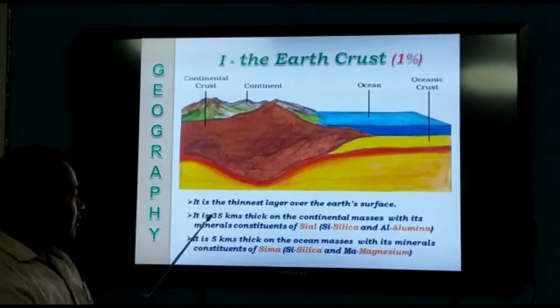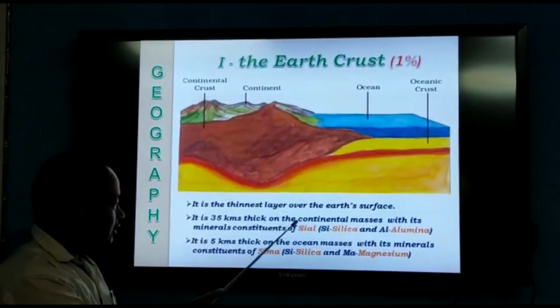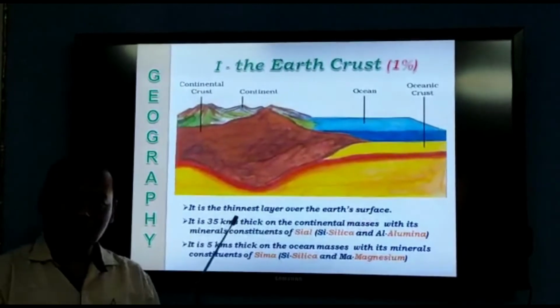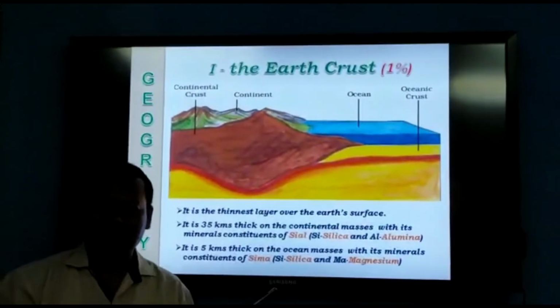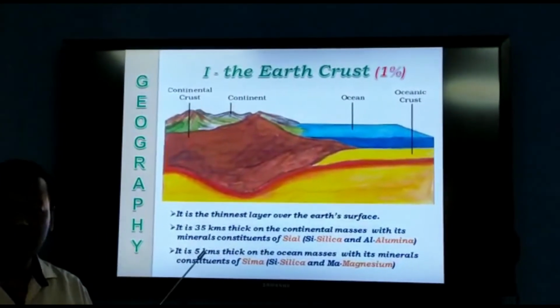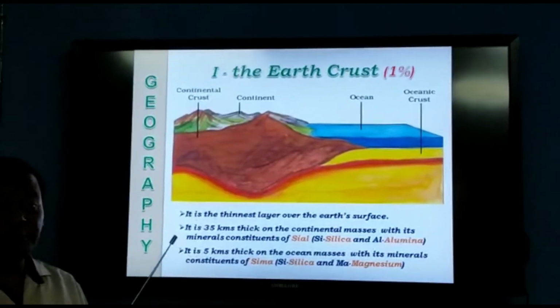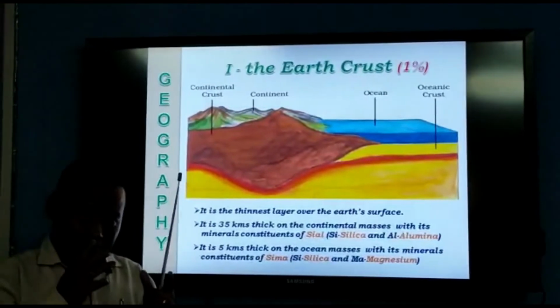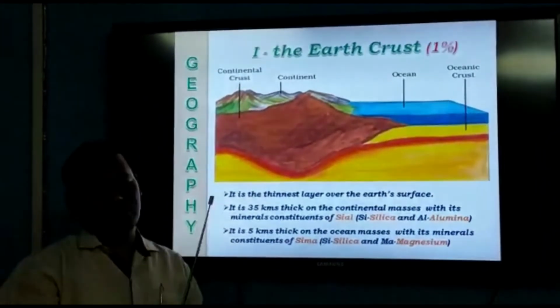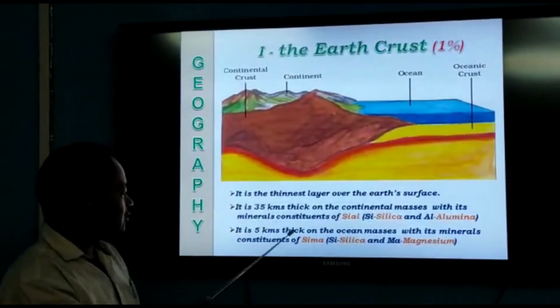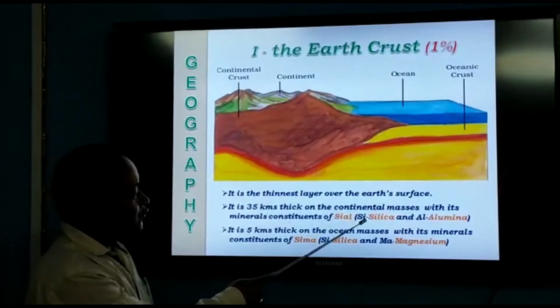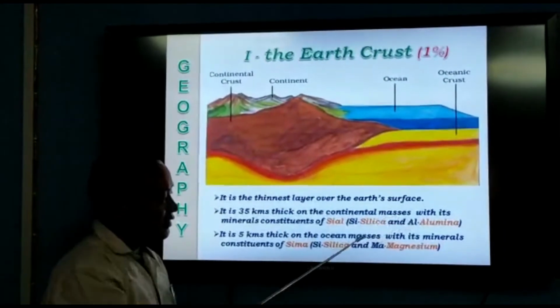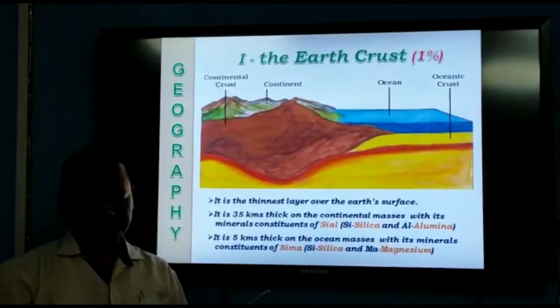It is only 35 kilometers thick on the continental masses, and the continental mass is very unique because it has two special constituent minerals. It is known as sial, a combination of two minerals, Si for silica and Al for alumina.